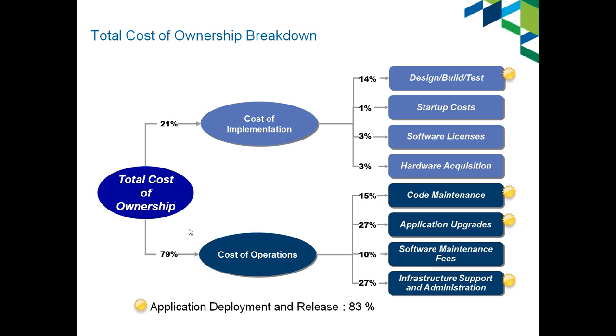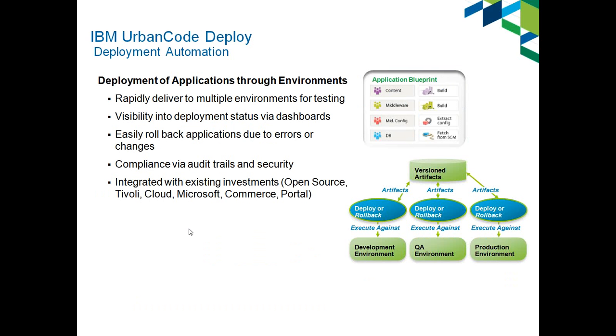Now, I'm not saying that 83% of that cost is all down to deployment and release, but what I am saying is that 83% of the total cost of ownership of an application are areas that can be considerably screwed up by poor deployment and release automation. So these are areas where the deployment can have a huge impact, and these are obviously good reasons to try to improve and lower the cost and lower the risk of deployment.